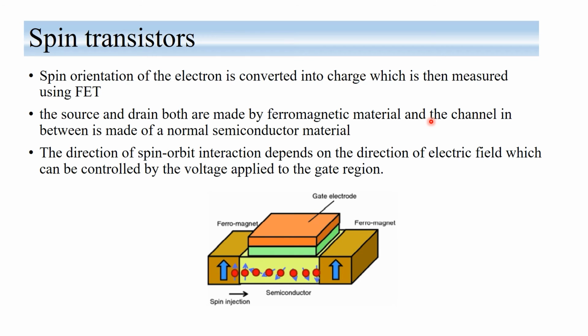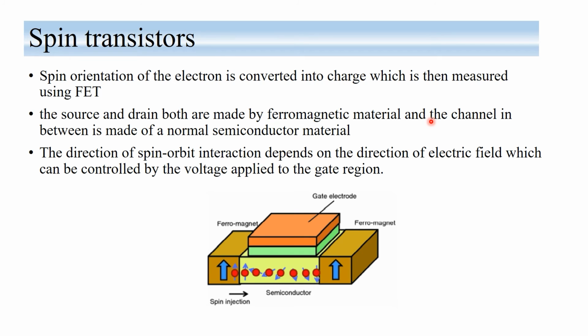The ferromagnetic material consists of spin polarized electrons, which act as a polarizer and as an analyzer. The ferromagnetic contact injects the spin polarized electrons into the semiconductor region. At the drain contact, only those electrons with spin aligned to the drain magnetization can leave the channel and contribute to the current.